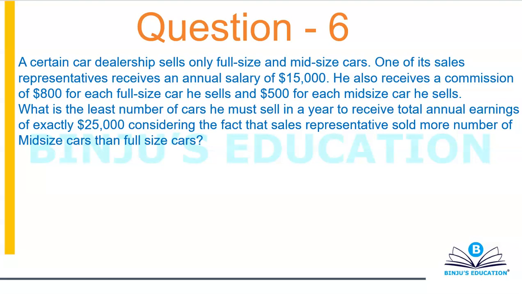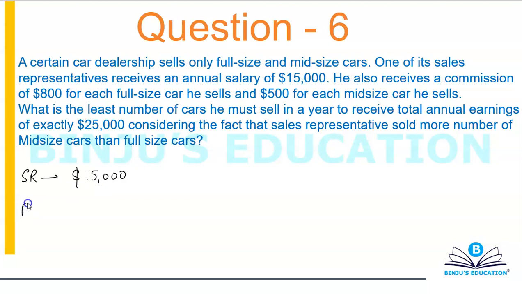Okay, a lot of information. Let me pen down first. So if I talk about the sales representative SR, he's going to receive an annual salary of 15,000 and he's going to receive some commission also.